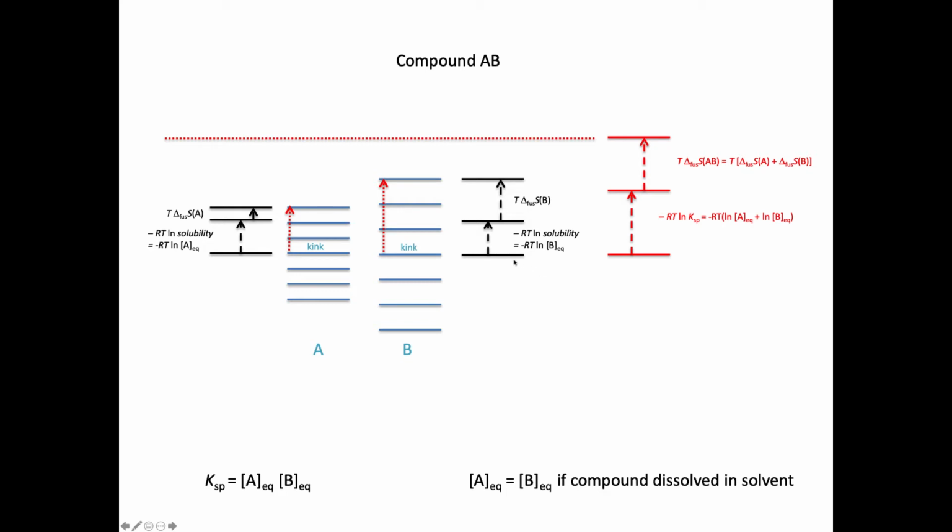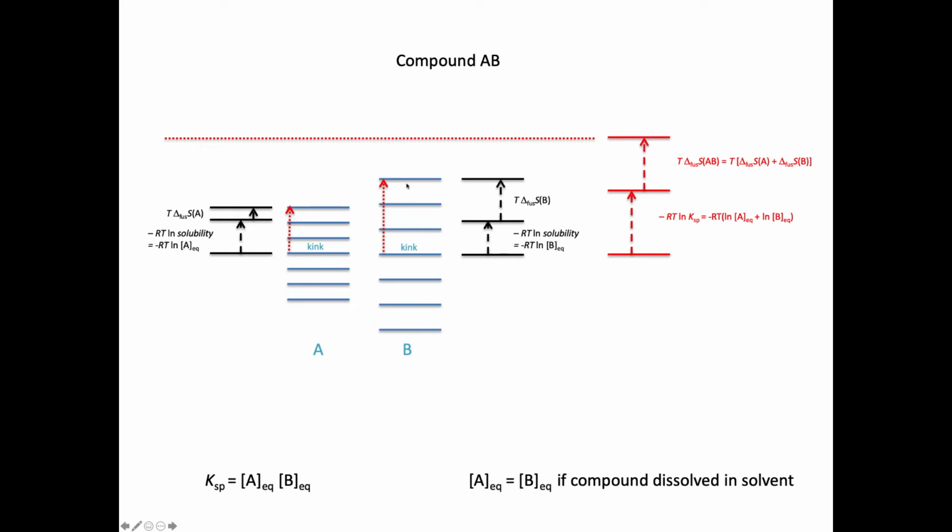If we consider the entire compound AB rather than the individual components A and B, that would be the red energy levels over here, whereby here we have RT log of the solubility product, which is just the summation of the individual equilibrium concentrations in their log form, and here you'd have the summation of the entropy of fusion terms.